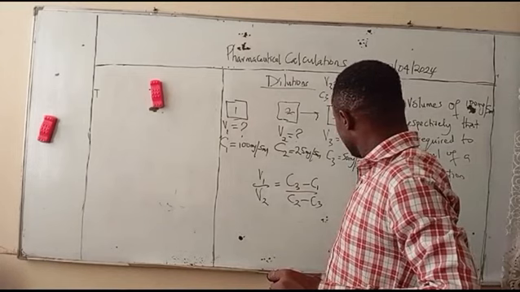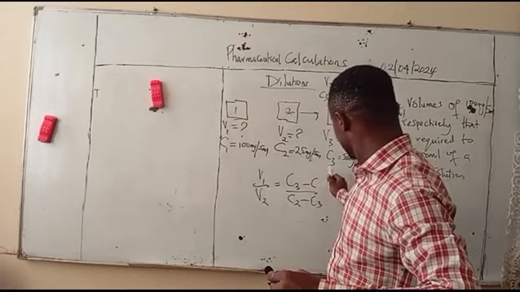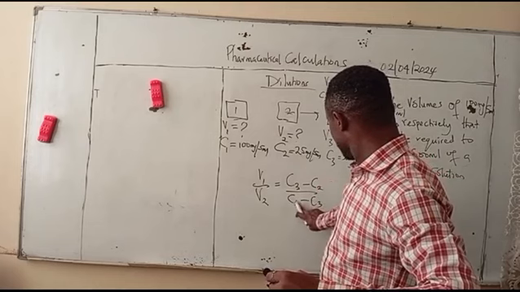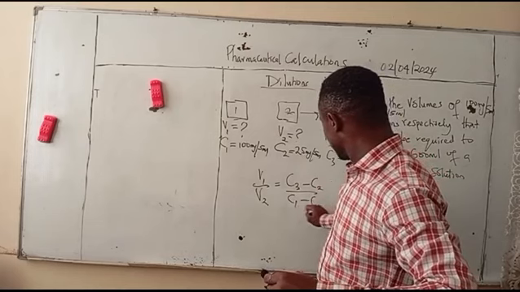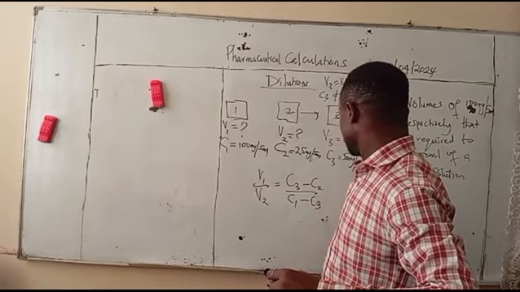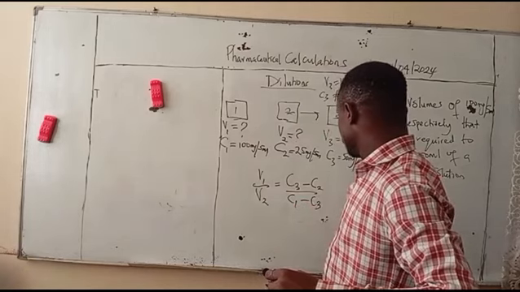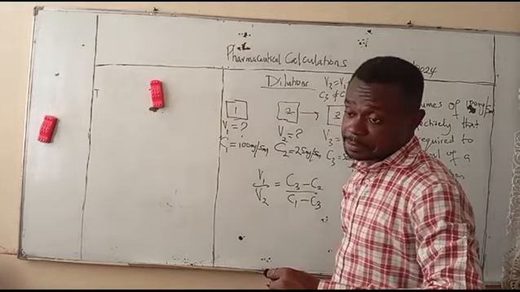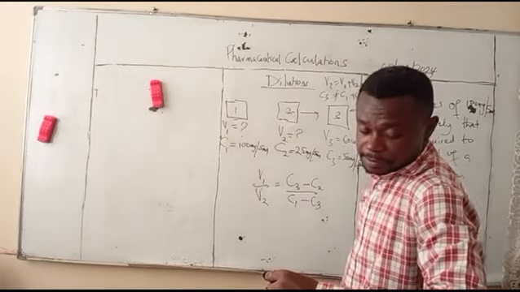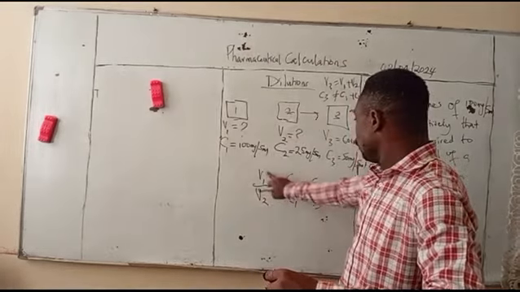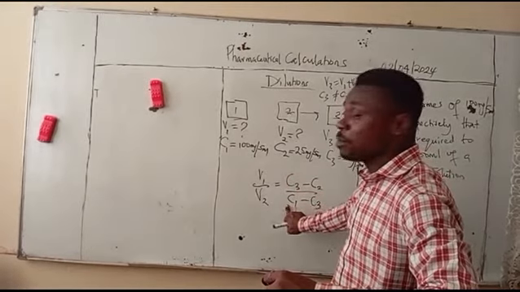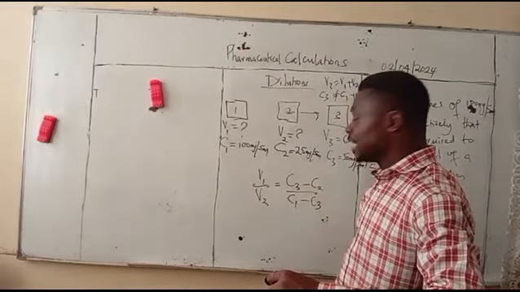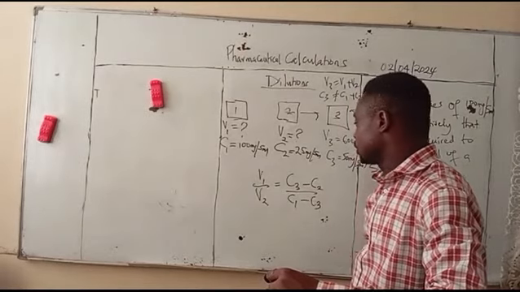It should be C3 minus C2 over C1 minus C3. Please correct it. Are you done? So V1 over V2 is equal to C3 minus C2 over C1 minus C3. This is alligation alternate.